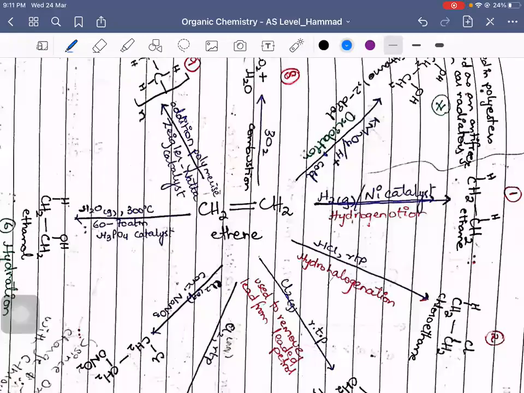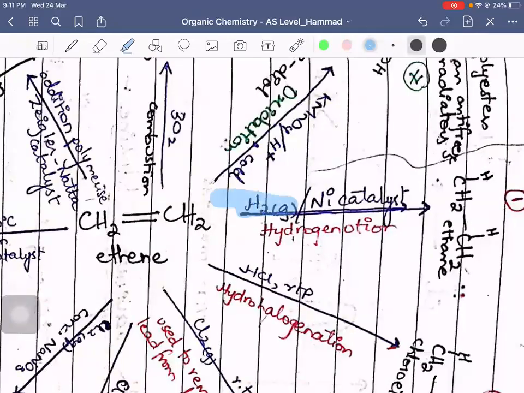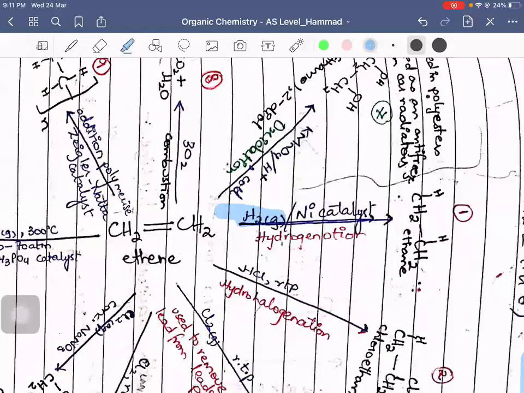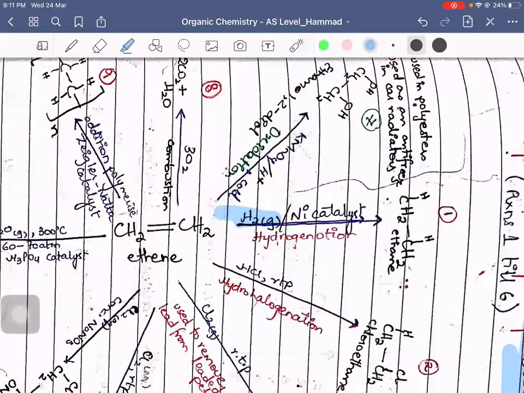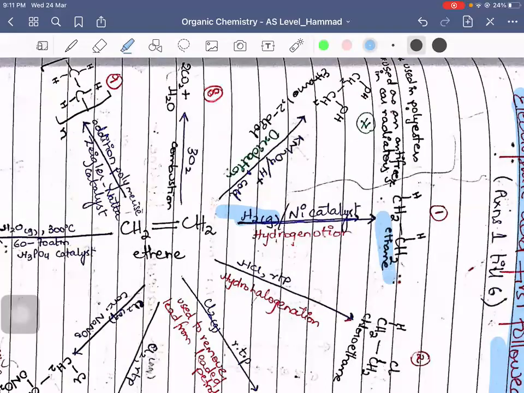Ethene, when mixed with hydrogen in the presence of nickel catalyst, produces ethane. You need to go through each and every reaction. You need to learn all of these reactions because they do ask you about all of this. Since hydrogen is being added, it is called hydrogenation.